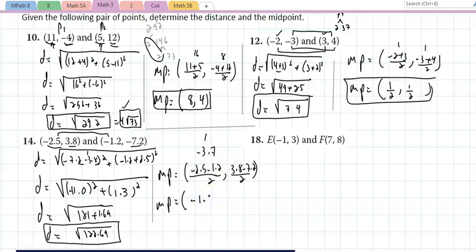And here, if I subtract those, 7.2 minus 3.8, that's 3.4, divided by 2 is 1.7.